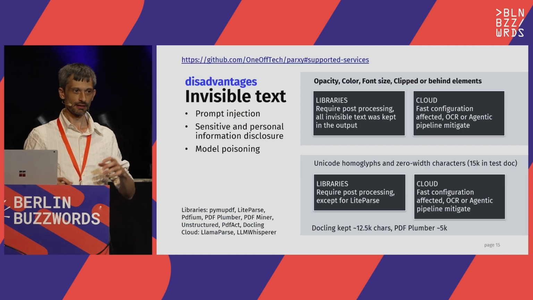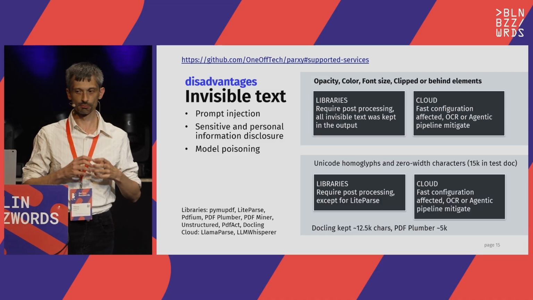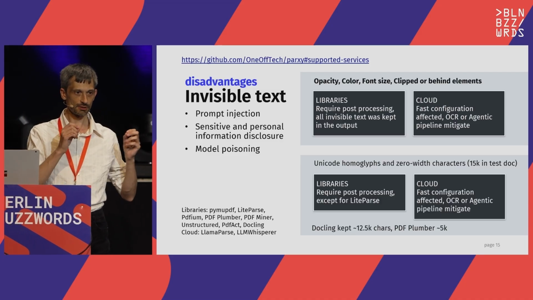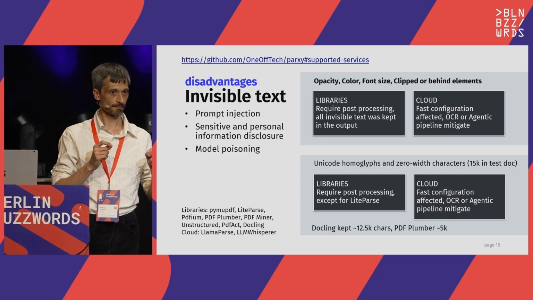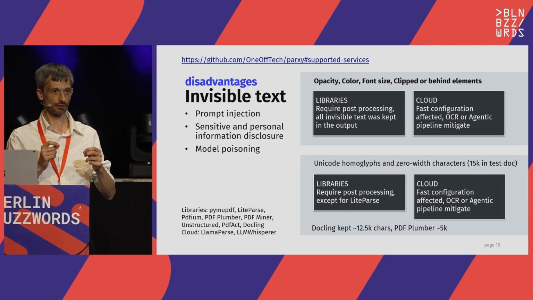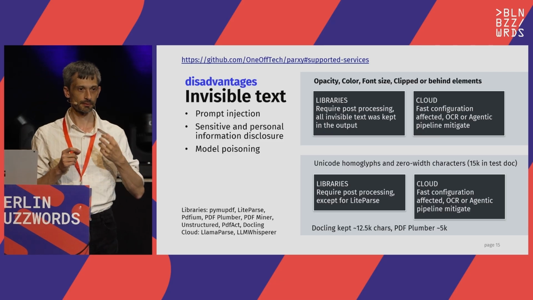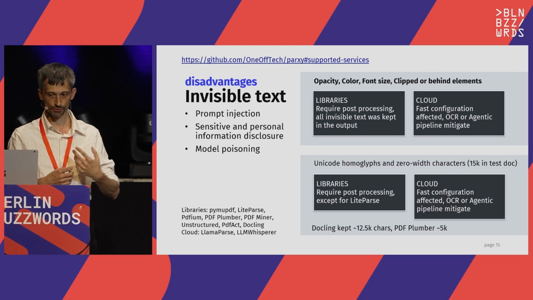So what actually connects these attacks to invisible text? Invisible text can be read, so it's a source of prompt injection that the parser will see, and if you don't sanitize the data, maybe also your pipeline, through opacity, color, and so on.